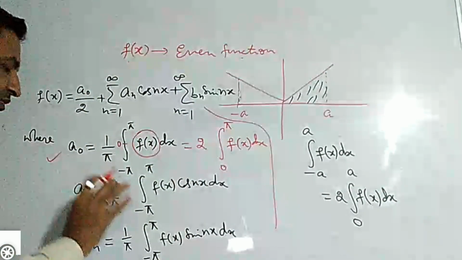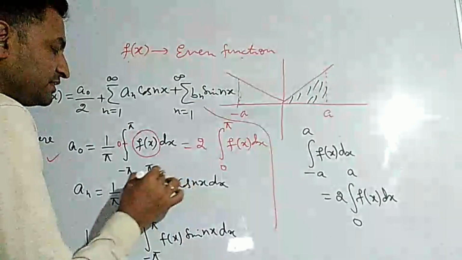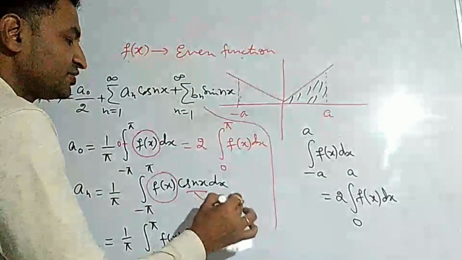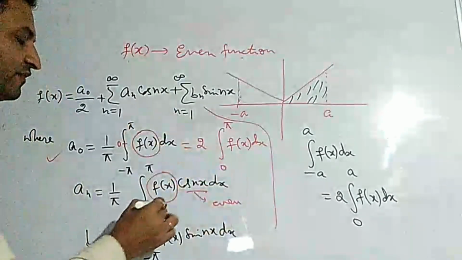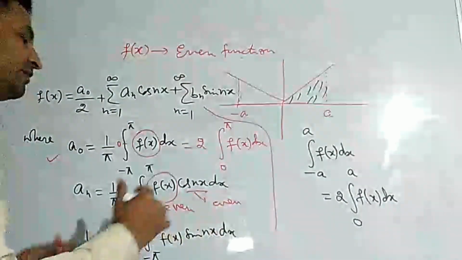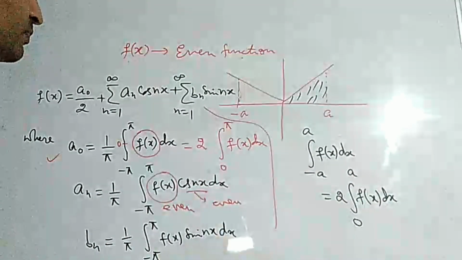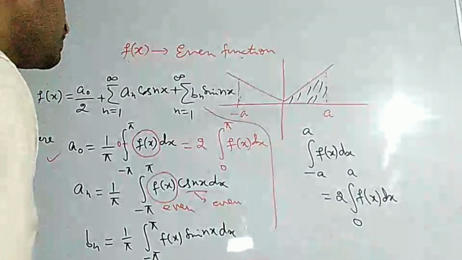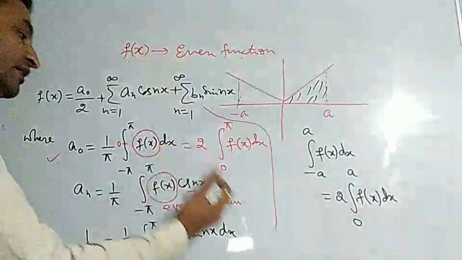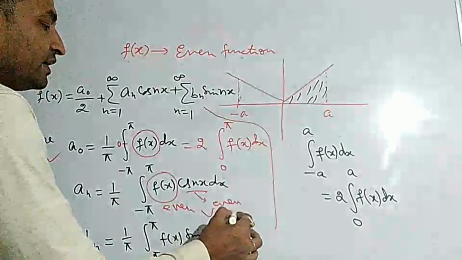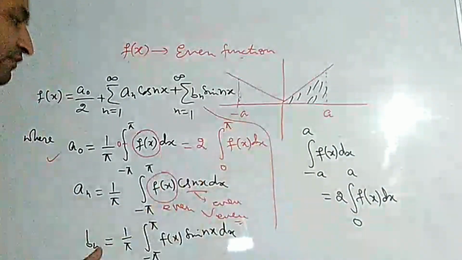Now coming to the value of an, f of x is an even function, cos is also an even function. If you multiply two even functions, it behaves like multiplying two positive values. If you multiply two positive values, we get a positive value. Similarly here, if you multiply two even functions, it will always give you an even function.